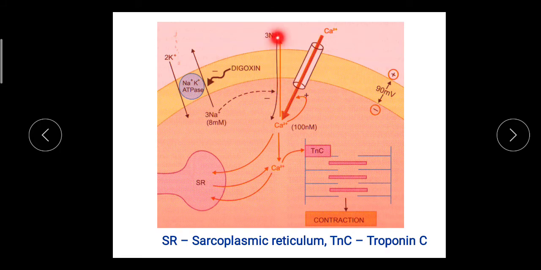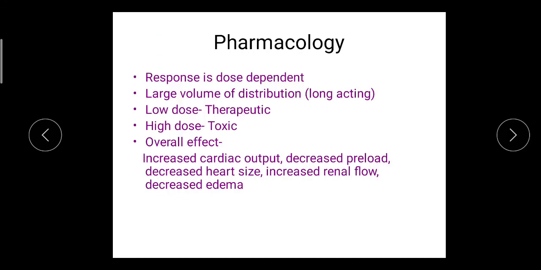Sodium goes outside the cell and calcium comes into the cell, and the calcium which came into the cell causes an increase in myocardial contraction. The remainder is stored in the sarcoplasmic reticulum. The increase in myocardial contraction increases the force of contraction of the heart. So this is the mechanism of action.